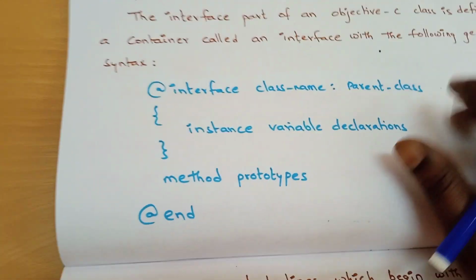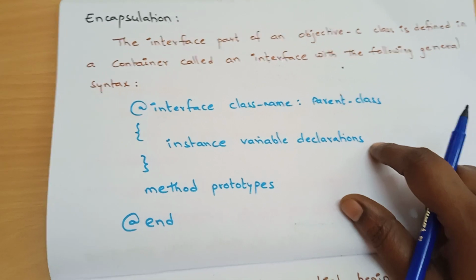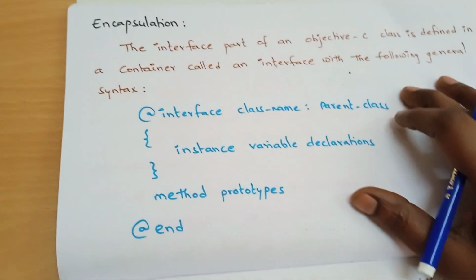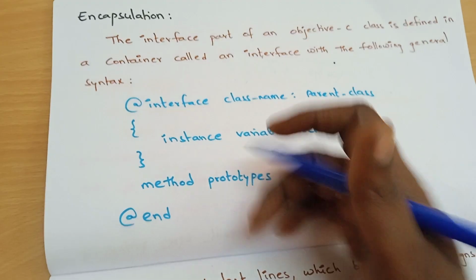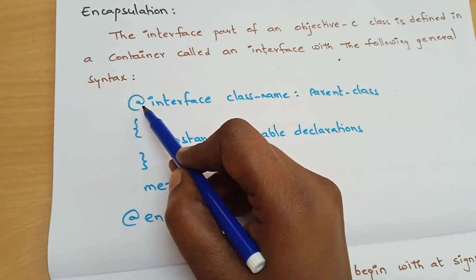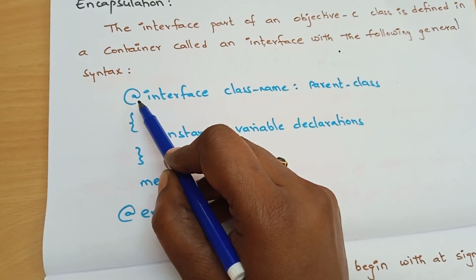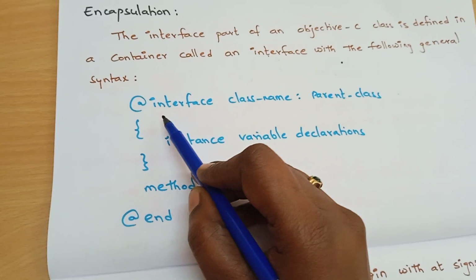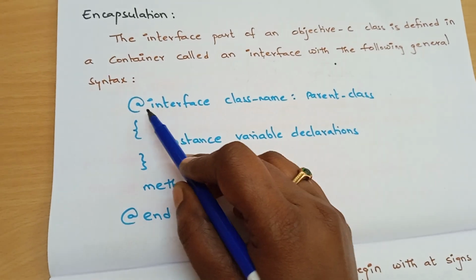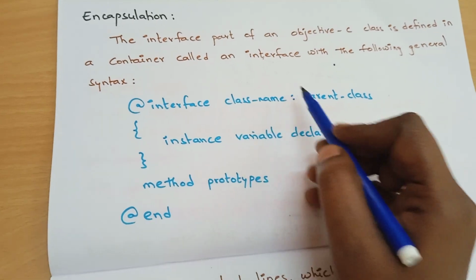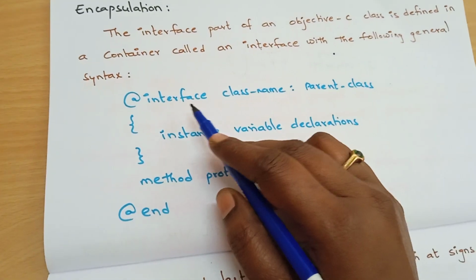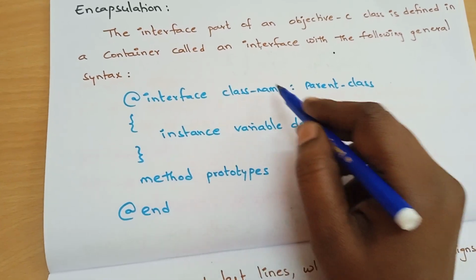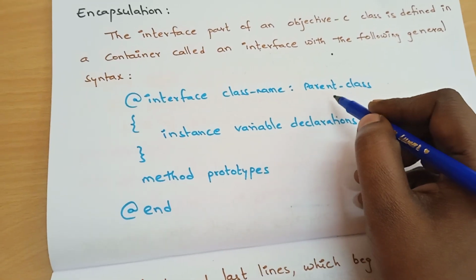Now let's see. If we want to create an interface in a program, we begin with the at sign, @interface, followed by the class name and the parent class.